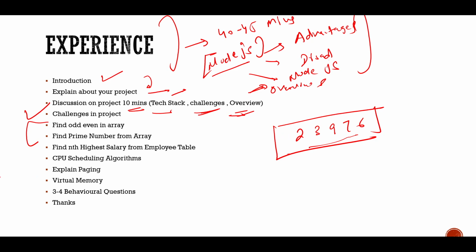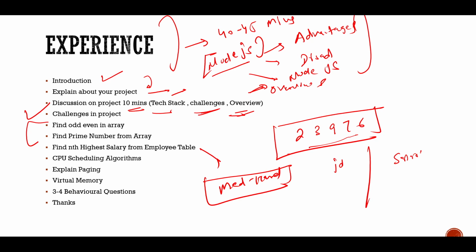Then the next question: find the nth highest salary from the employee table. I will say it is a medium-hard question from SQL. Suppose there is an employee table where an ID is given and a salary is given, and they ask you to print the third highest salary. You cannot use the limit keyword, because if you use limit, you will get all three rows.